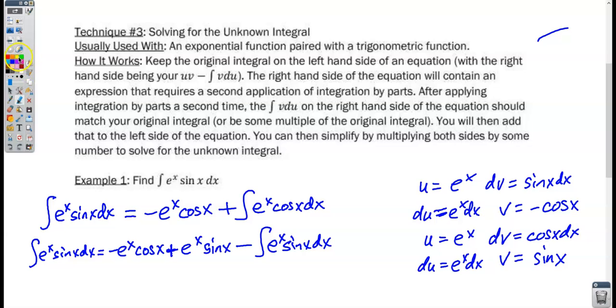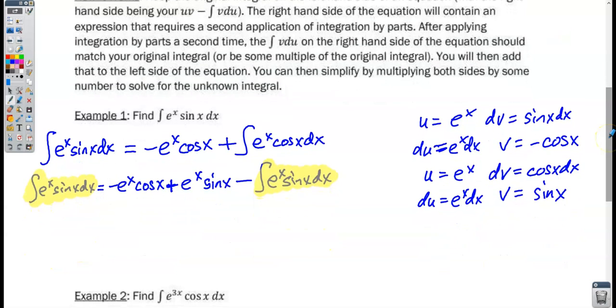And now hopefully you notice that the left-hand side of this equation matches this integral right here. That's the official sign that we are done with calculus, well, almost, in this problem. So I need to add the integral of e to the x sine of x to both sides, which then makes this 2 times the integral of e to the x sine of x dx.